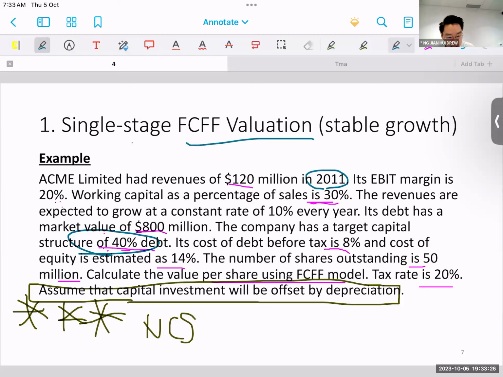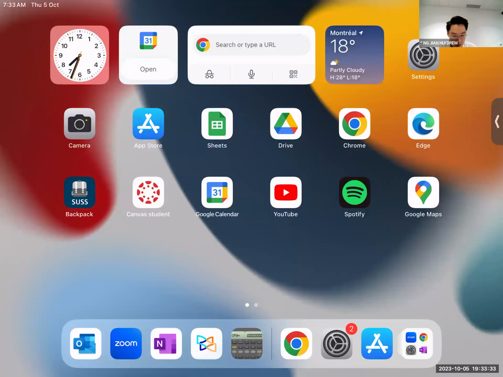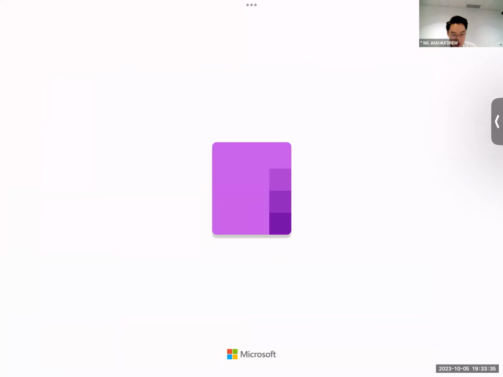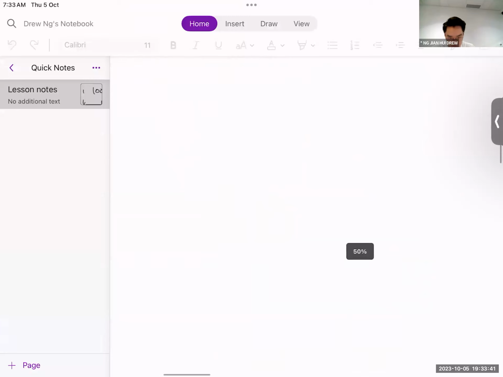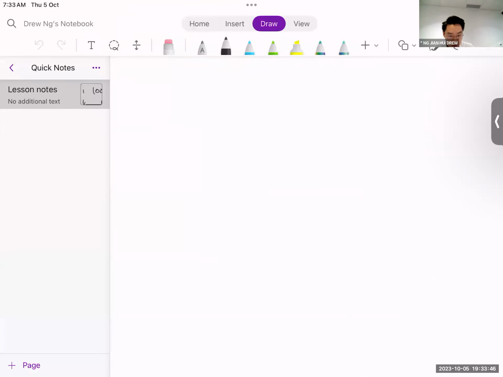So let's draw the timeline here. There's no space. Let me just hop over to my, oops, so it's easier to draw. Okay, so you have the question in front of you.